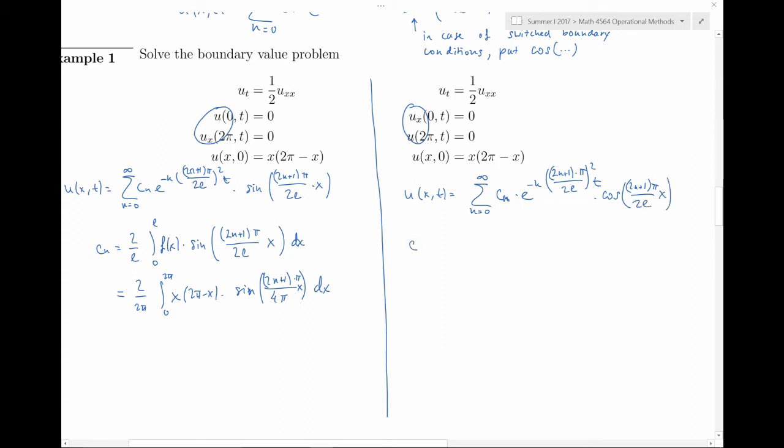And the coefficients Cn are found similarly by taking 2 dividing by L, integrating from 0 to L of my function times cosine this time.